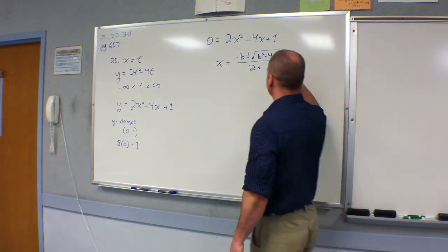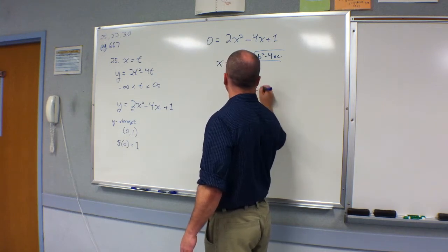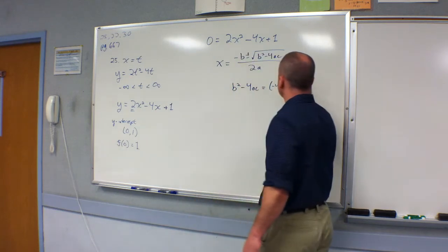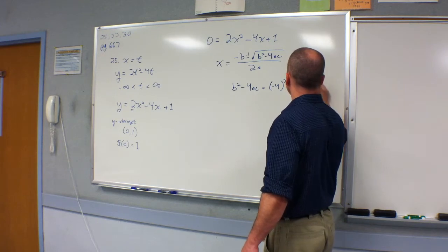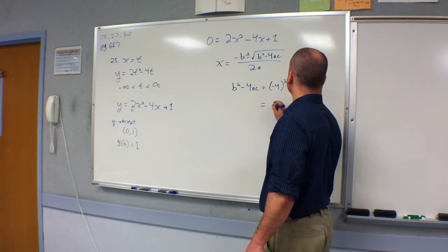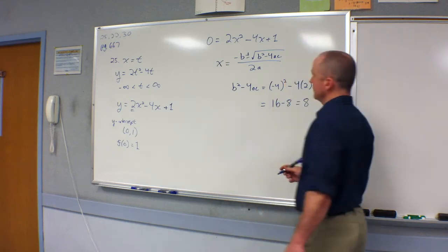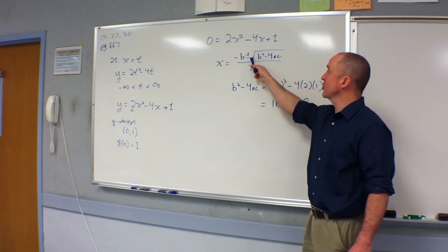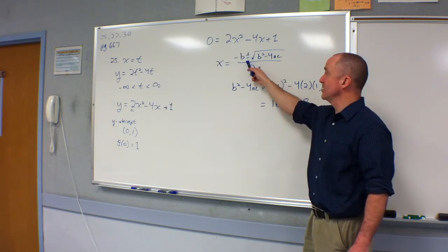You check b squared minus 4ac, which in this case is negative 4 squared, please make sure you use the parentheses if you pull out a calculator, minus 4 times 2 times 1, which gives me 16 minus 8, so 8. It's positive. If this number is positive, then the plus or minus means you're going to get 2 solutions. If this number is 0, the plus or minus means you're going to get 1 solution.